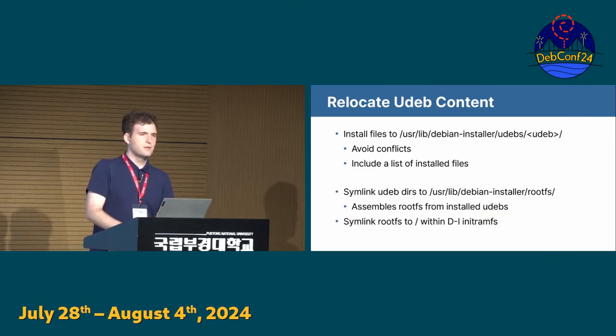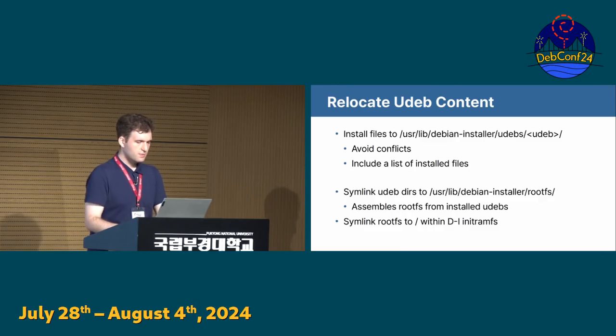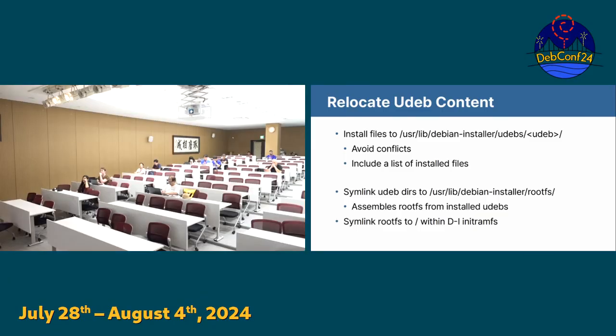And we also need a list of files that the udeb will install that can be used to collect the files and generate the initramfs while we are working on it.